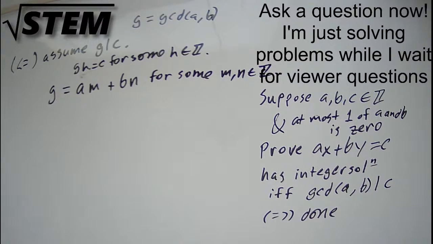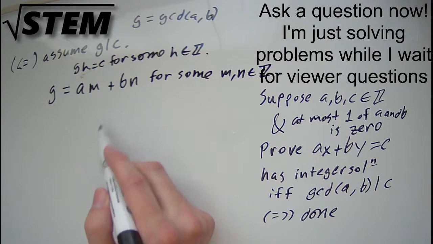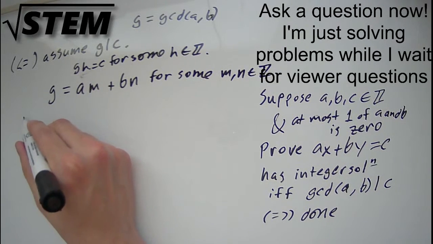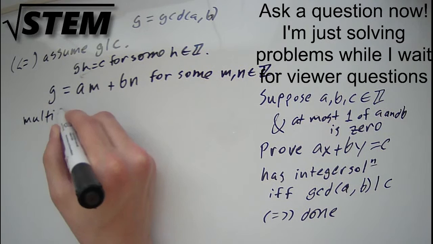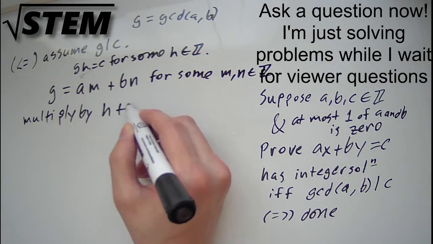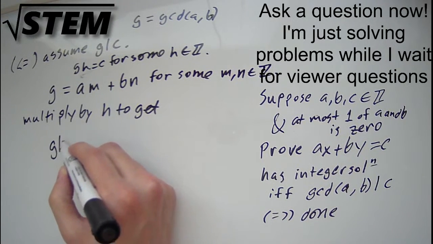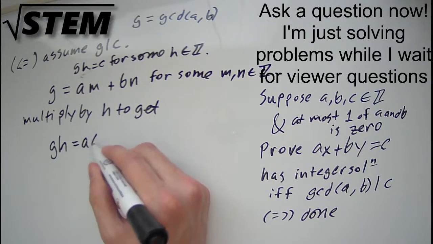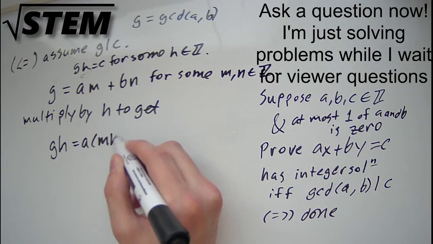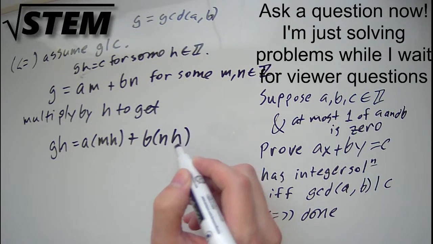Let's see. So now, if we multiply this by h, g times h is equal to amh plus bnh.